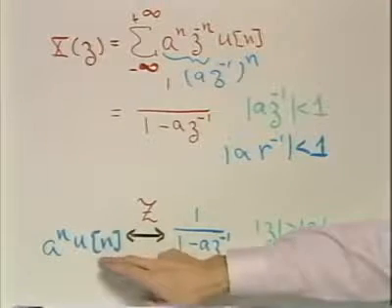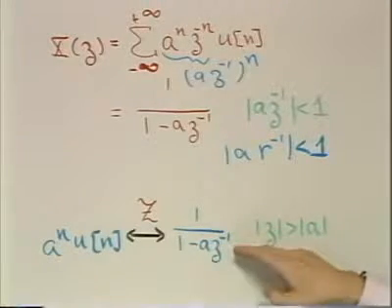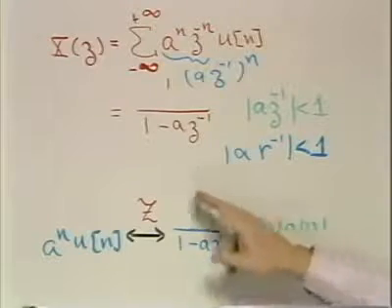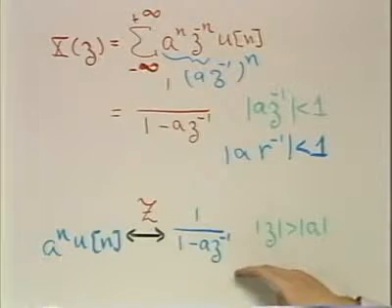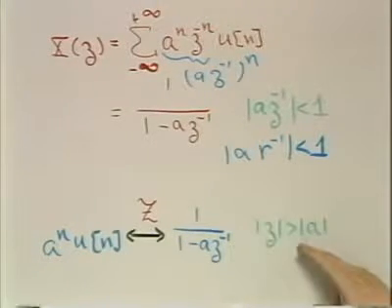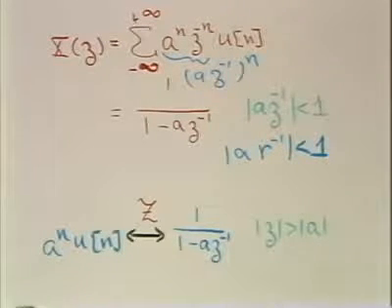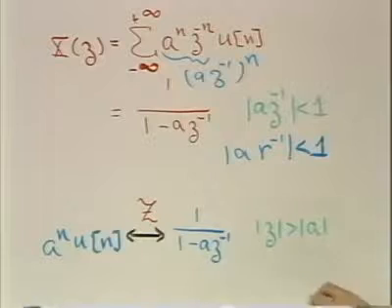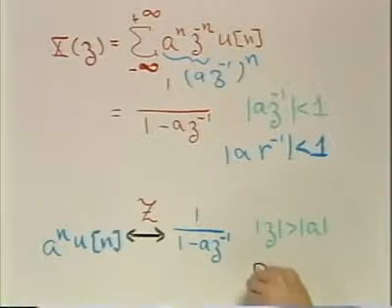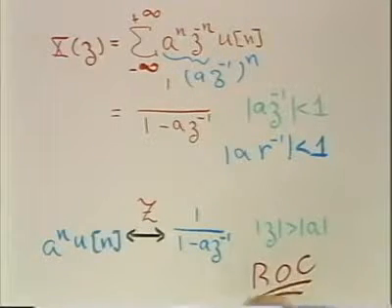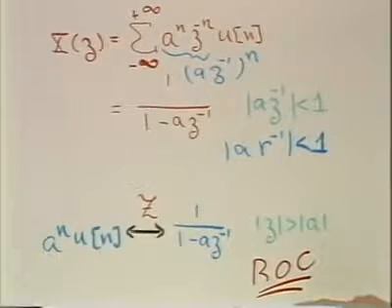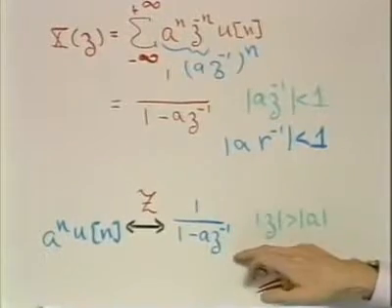So associated with the z transform of this sequence is this algebraic expression, and this set of values of z for which that algebraic expression is valid. And just as with the Laplace transform, this range of values is referred to as the region of convergence of the z transform.